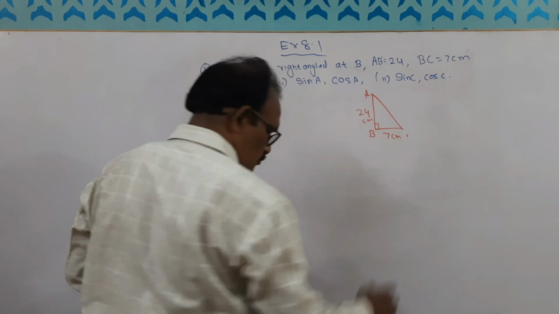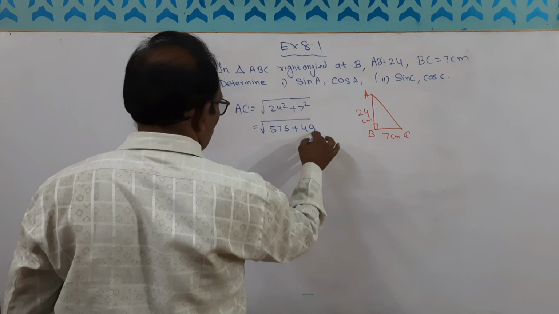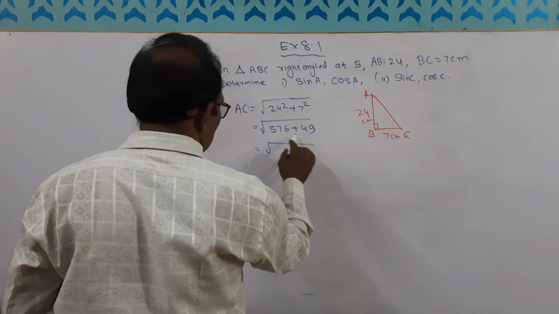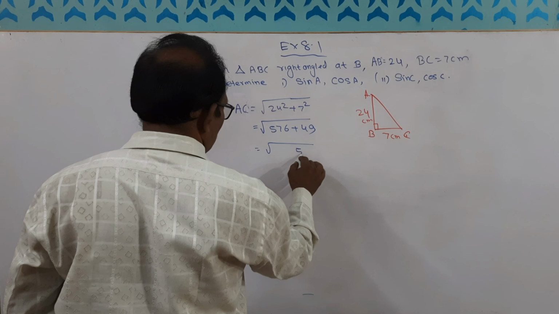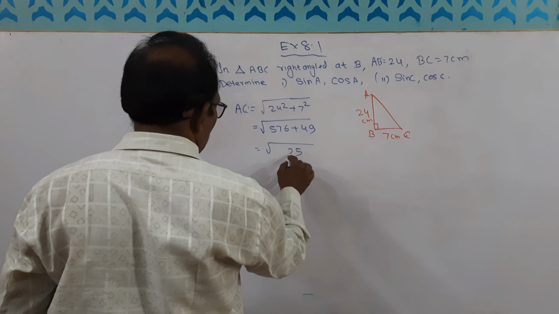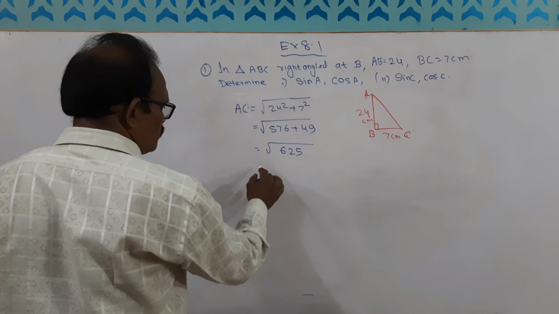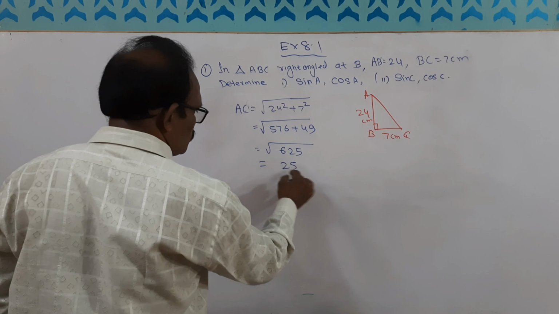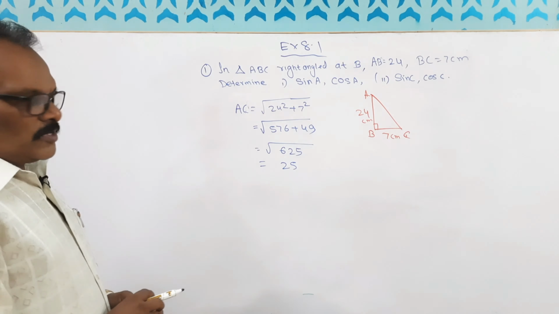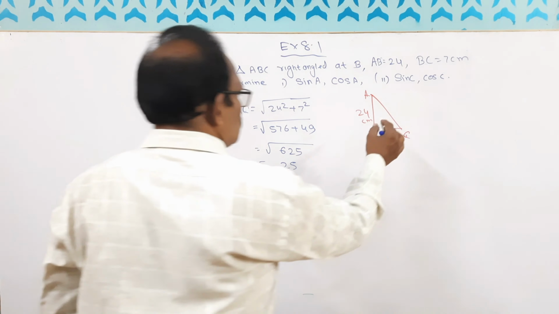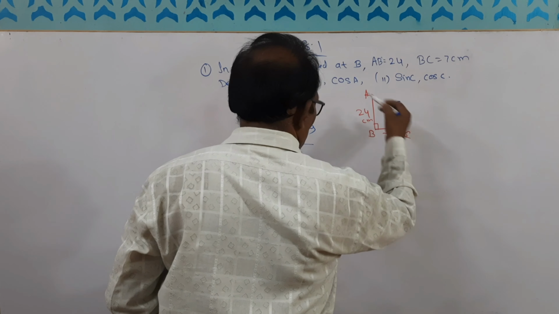What is 24 square? 576, plus 7 sevens are 49. This will come 625. If you remove this root, it is 25. So we got this side as 25.